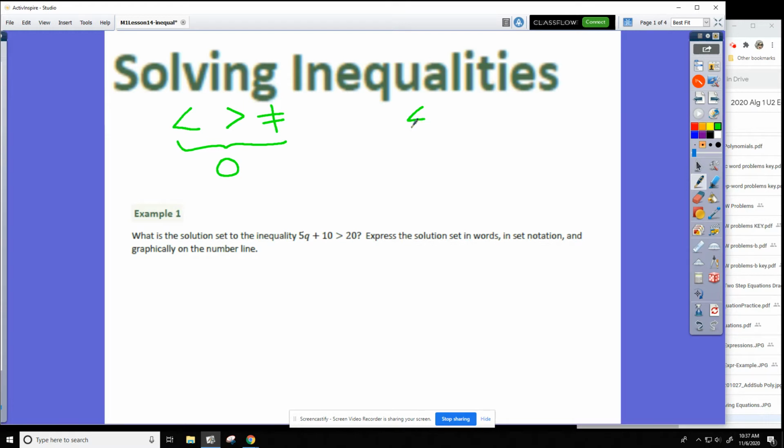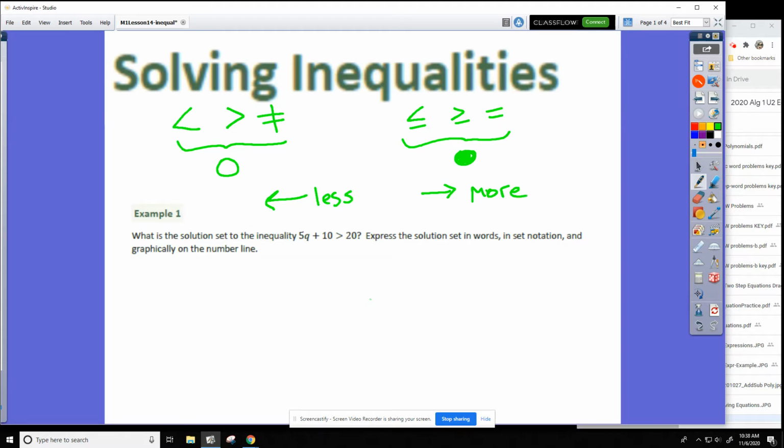If we have less than or equal to, greater than or equal to, or just equal to a specific number, then we have a closed circle. Okay? And remember, going left is less on the number line, going right is more.